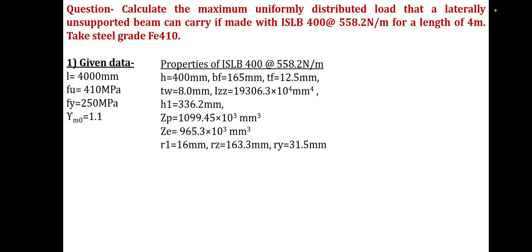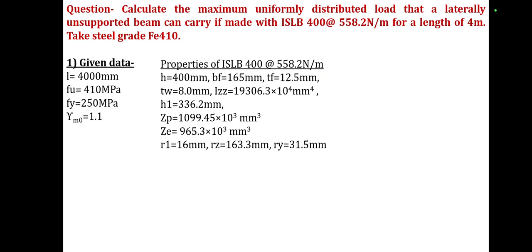Our section is ISLB 400 at 558.2 Newton per meter. Here the weight per meter is given in Newton. We have to convert it into kg per meter as the values are available in kg per meter in the steel table.